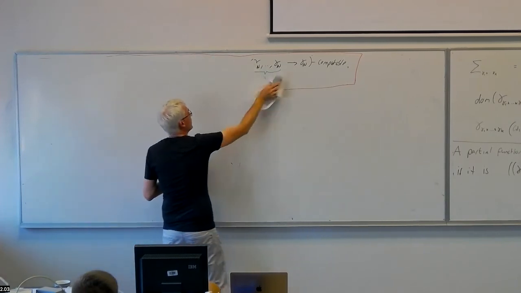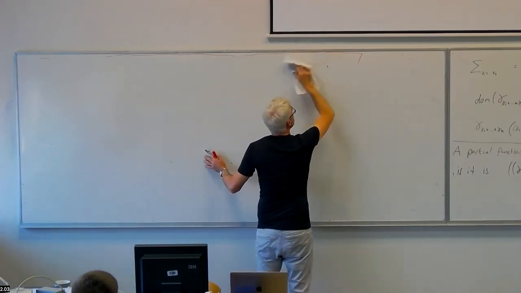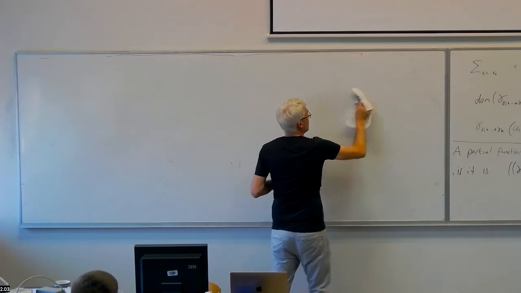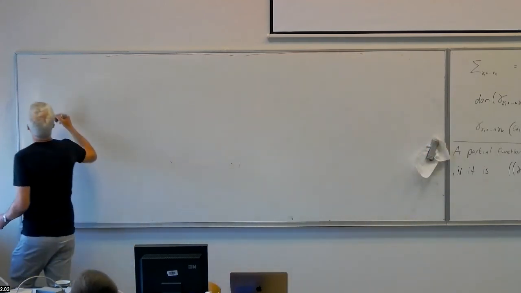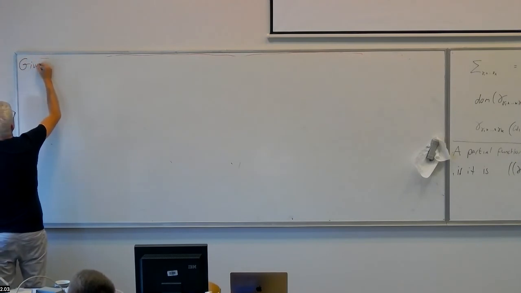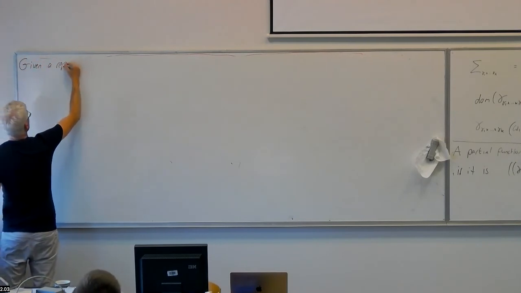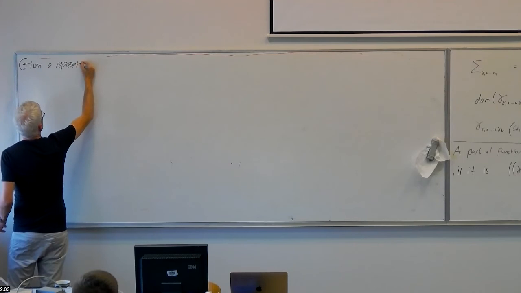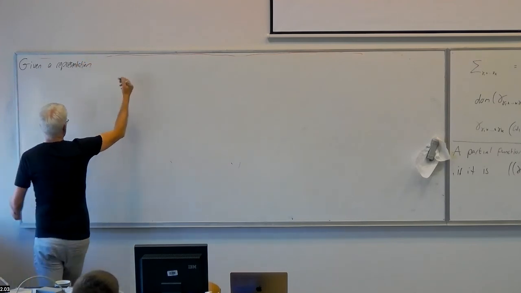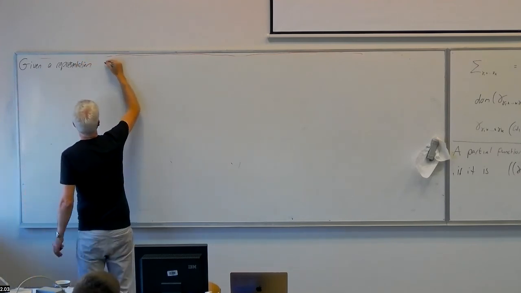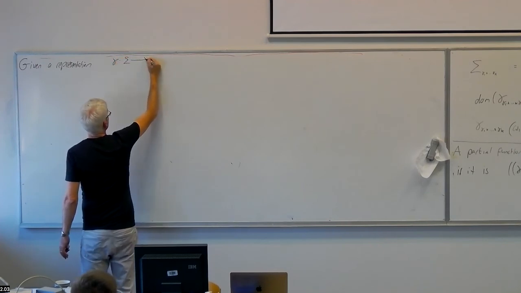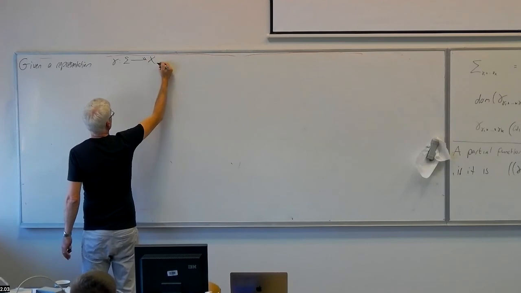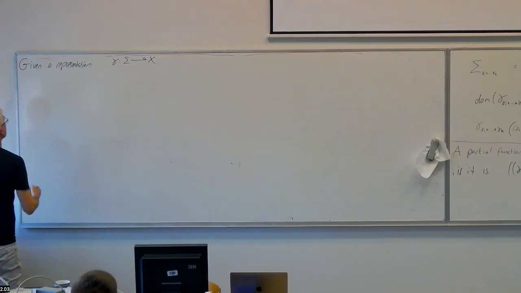I want to show that they also carry a natural notion of decidable and semi-decidable set. So, given a representation, we've got any represented set, such as the natural numbers. The representation is going to be a partial surjective function onto the set X.